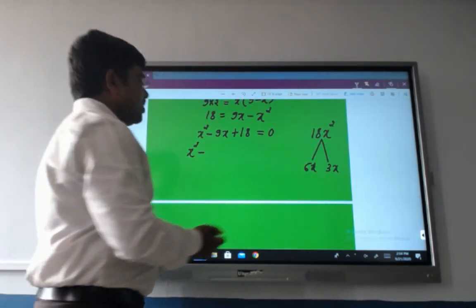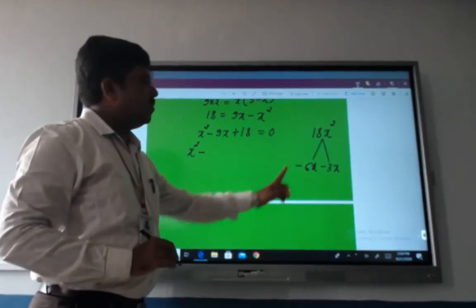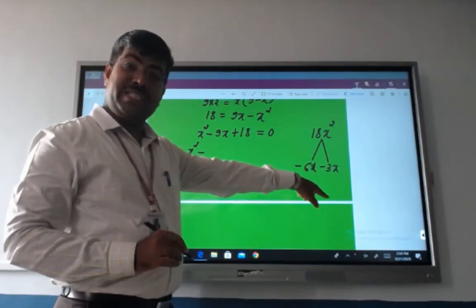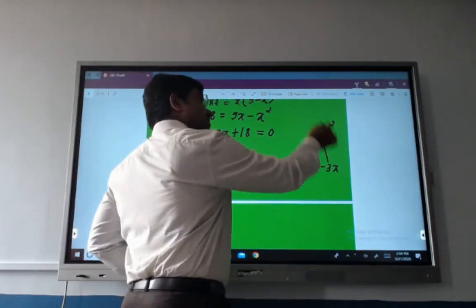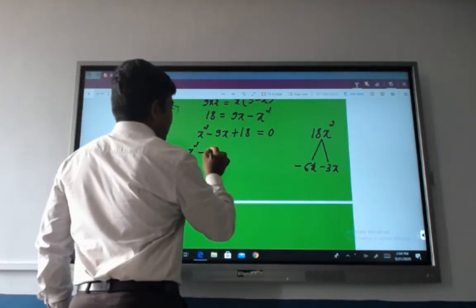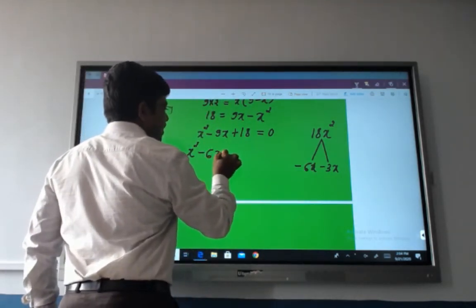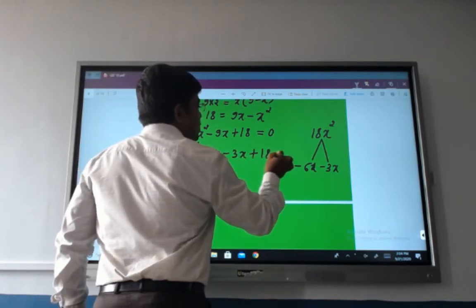So both must be negative: minus 6x into minus 3x. Minus into minus gives plus, 6 threes are 18, x into x is x squared. Now we write this as it is: x square minus 6x minus 3x plus 18 is equal to 0.